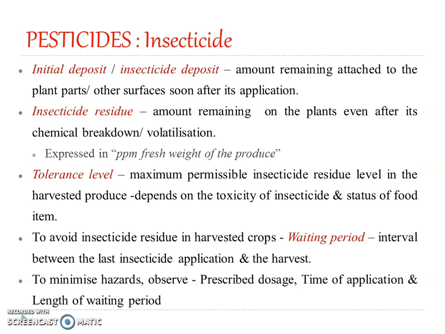So for every crop, agriculture scientists have already come up with a pattern, a timetable of insecticide application. These are the times after planting when the insecticides have to be applied.